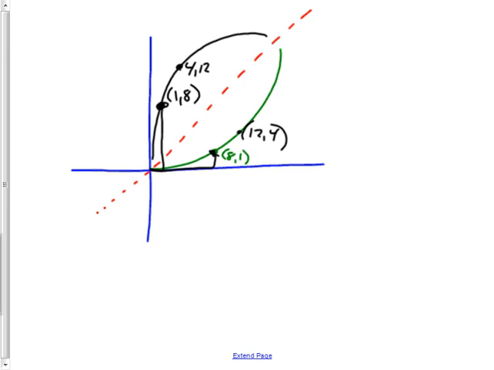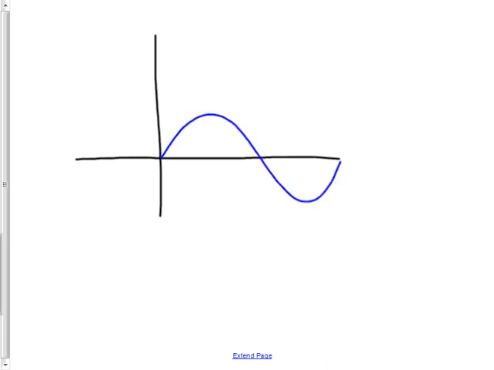Why do we care? Because when you are doing a graph of inverse sine, you are going to have to be able to say, okay, what's sine look like? Everybody, start with a sketch of sine, please. If we have to do inverse sine, we have to do a flip of this graph.